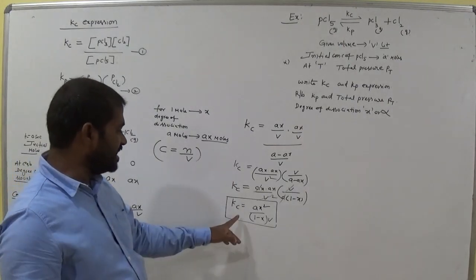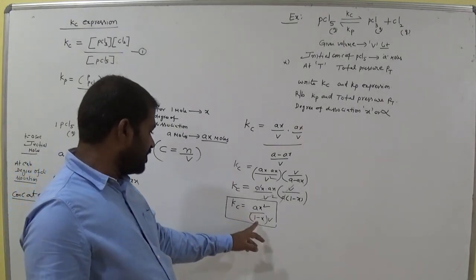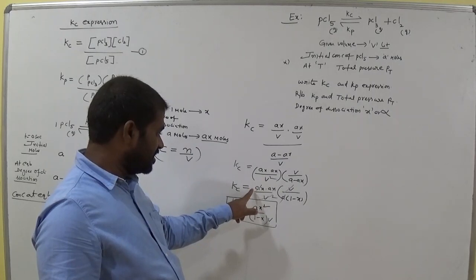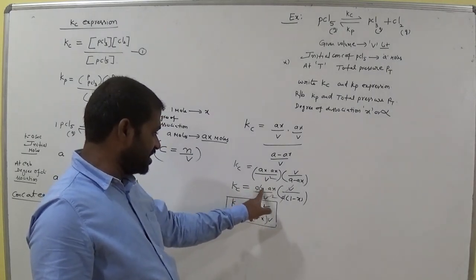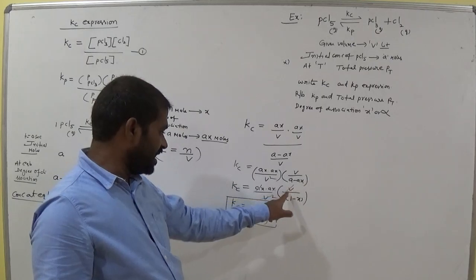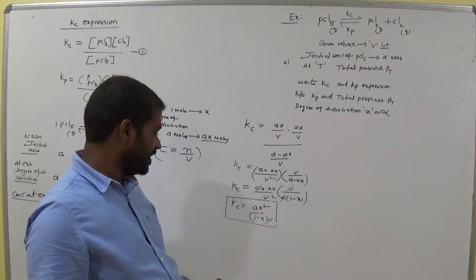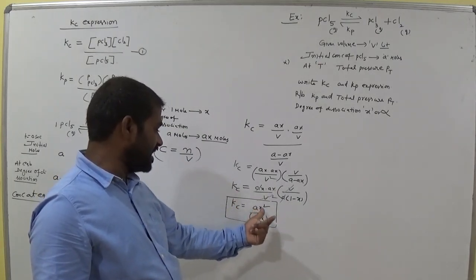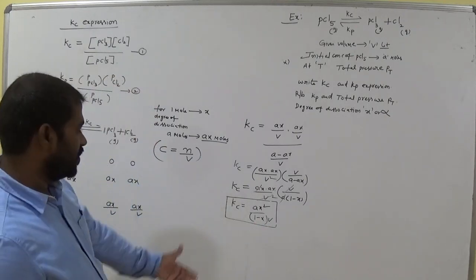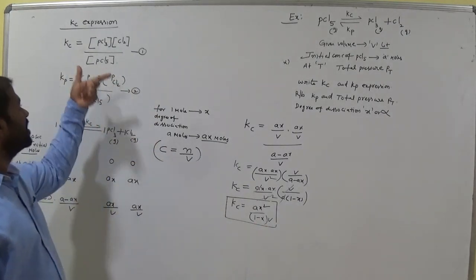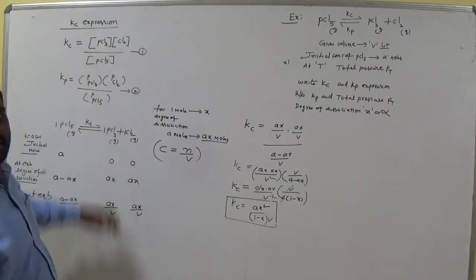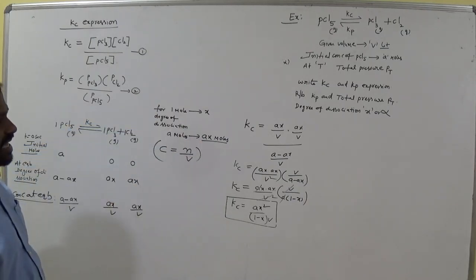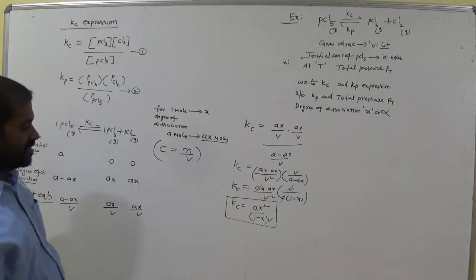So Kc is equal to Ax square by 1 minus x into V. Cancel this A and this A. The remaining is Ax into x, x square, cancel one V, and here we have V square, so the remaining term is V. So Kc is equal to Ax square by 1 minus x into V. This is the Kc expression for the given equilibrium reaction. Is it clear?